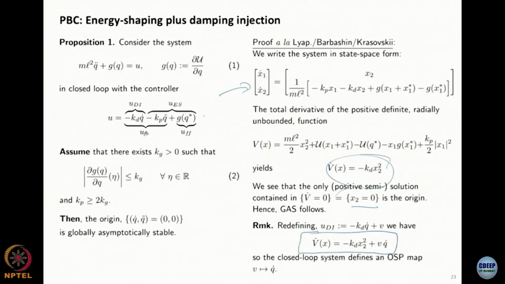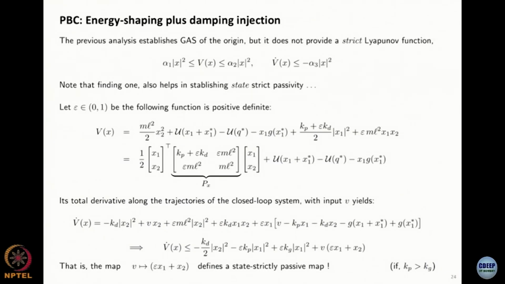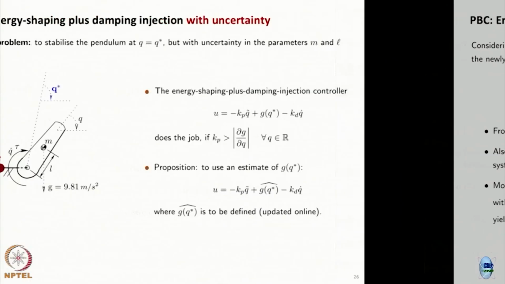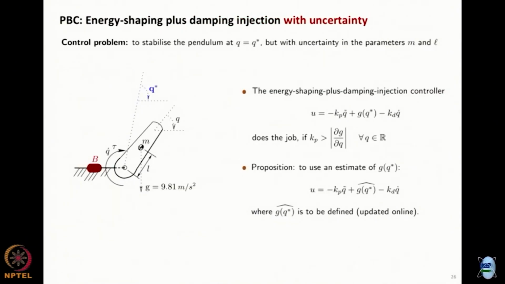So if you add another input here, you will have, in place of this, the same input multiplied by q dot. So you could continue carrying on with more things. Let me just quickly show you what happens when you want to stabilize the system, again here.